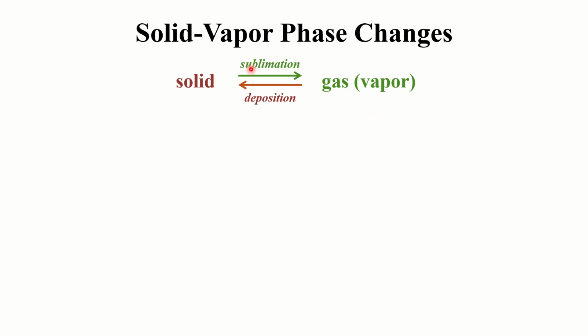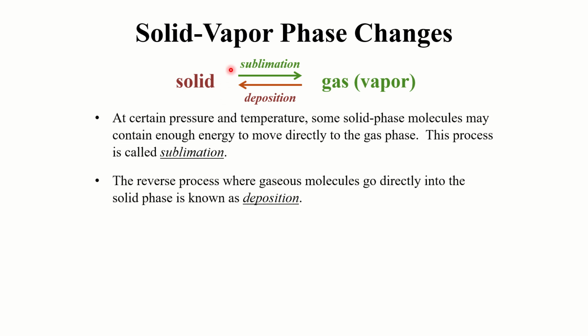Let's briefly touch on the solid to vapor phase changes. I described these phase changes in the previous lecture, so you should remember the terms sublimation and deposition. Going from a solid to a gas or a vapor is sublimation, and going from a gas back to a solid is deposition. At certain pressure and temperature conditions, some solid phase molecules may contain enough energy to move directly to the gas phase.